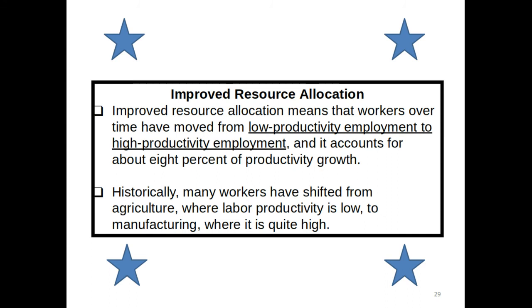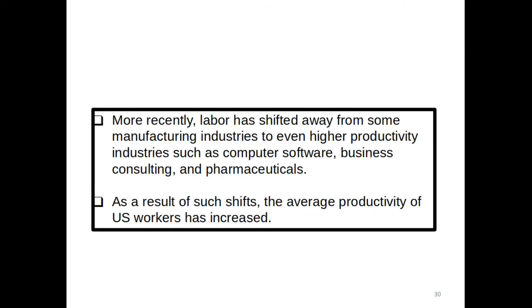You're restricted by land, you're restricted by weather. Then we moved to a manufacturing society where productivity was much higher. We were able to mass produce things. And now we've moved to a technology based society where productivity is even higher. So, if we want to see more productivity, moving people from low productivity jobs to high productivity jobs is going to make a difference. In our case, it's about 8%.